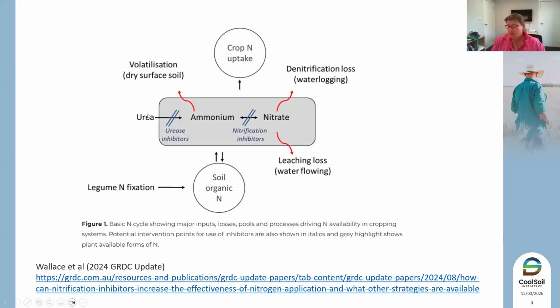So thinking about when we've got urea moving in, the first thing that happens when that hits the soil and moisture is that it turns into the ammonium form as the microbes break that carbon, oxygen, nitrogen compound down into ammonium, at which point it can be lost through volatilization if it's on the dry surface. And then with moisture, another set of microbes kick in and convert that to nitrate, which is when we can have our loss through denitrification or through leaching in certain systems.